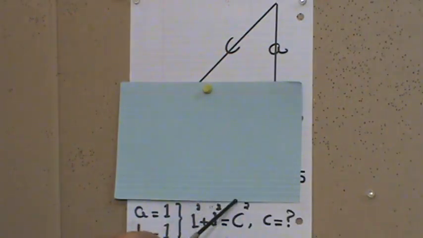Then what is the number that, if we square it, we get 2? I repeat myself, what is the number that we square to get 2? There is no such rational number. As a matter of fact, at the end I will tell a short story about the discovery of the square root of 2.